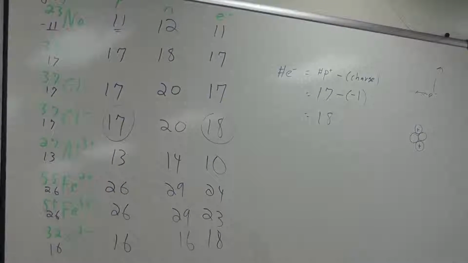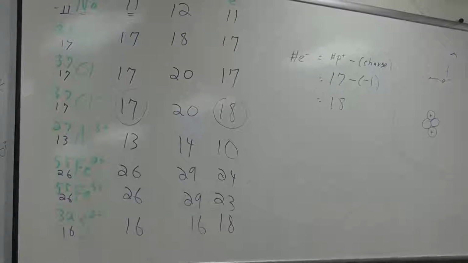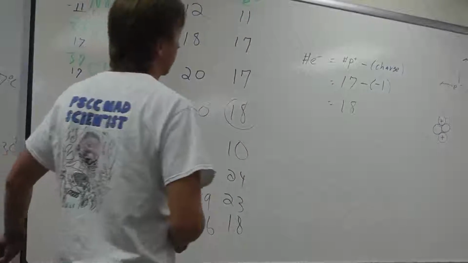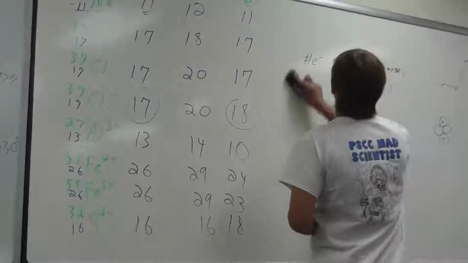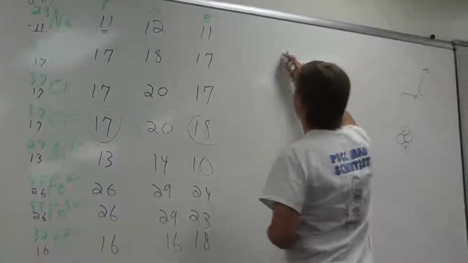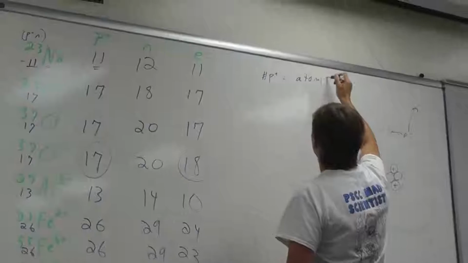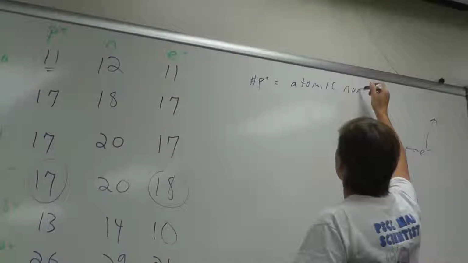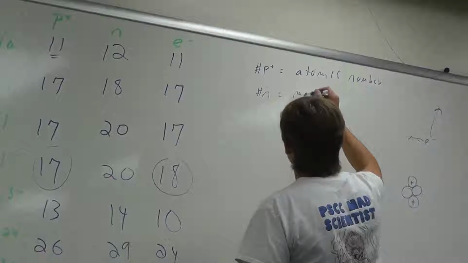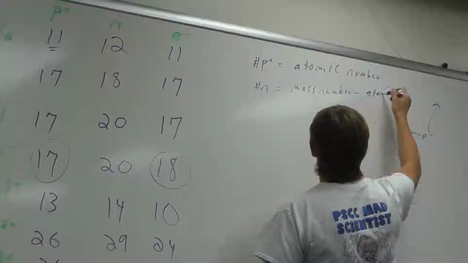Question about electrons. I'll go ahead and put formulas up here for all of them, just for people who like formulas. Number of protons equals atomic number. Number of neutrons equals mass number minus atomic number.